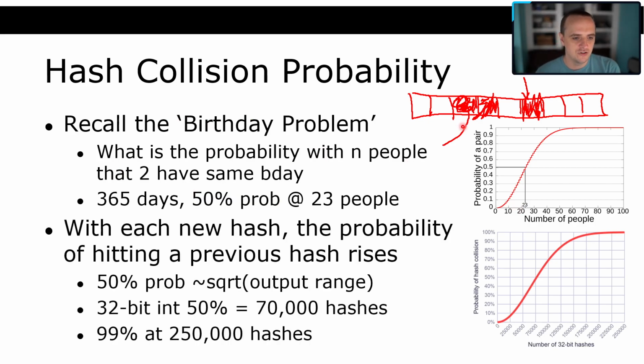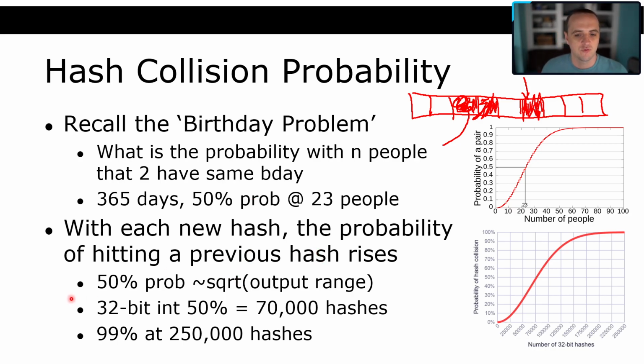With each new hash that we do, the probability of hitting a previous hashed value rises. And so a general rule, it's not exact, but we're going to have a 50% probability of a hash collision at approximately the square root of the output range of values.